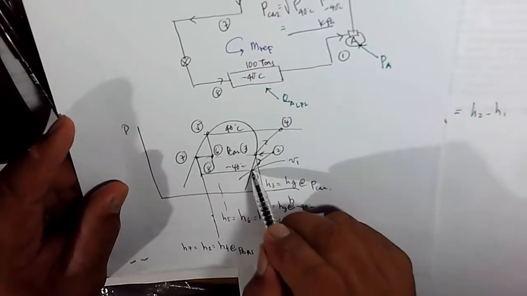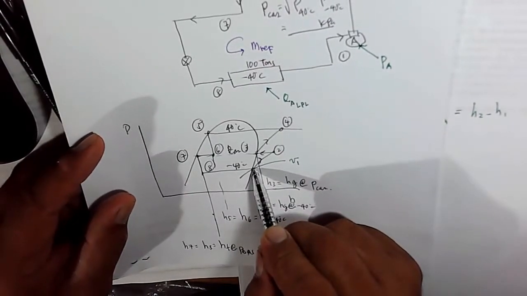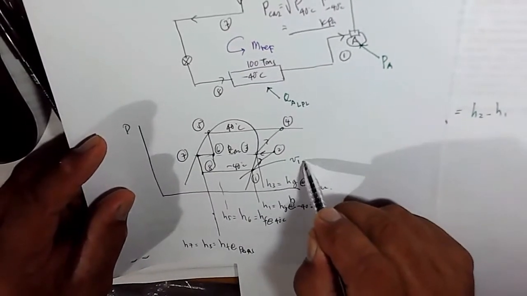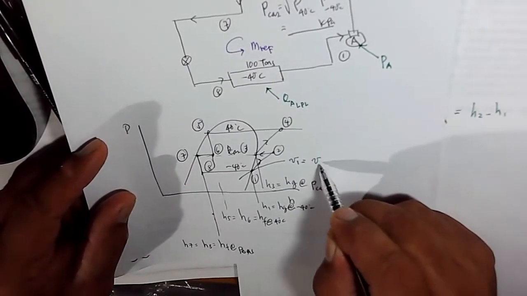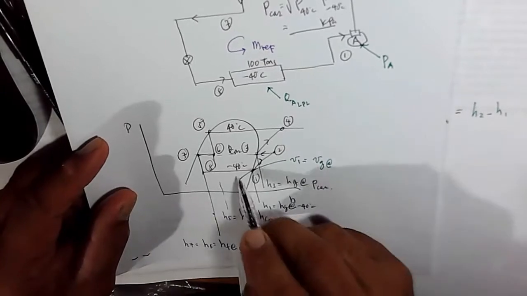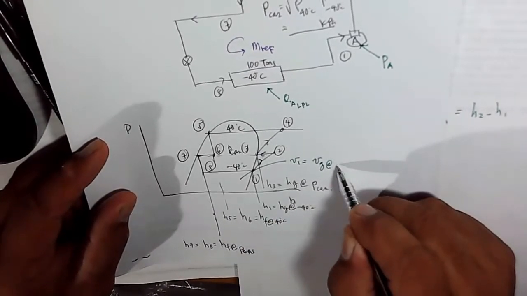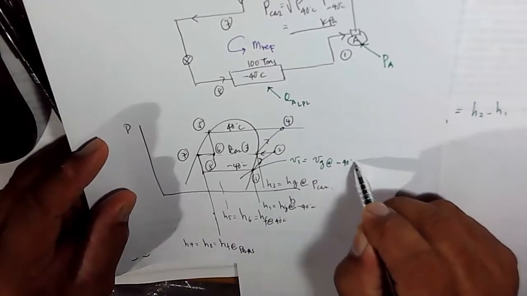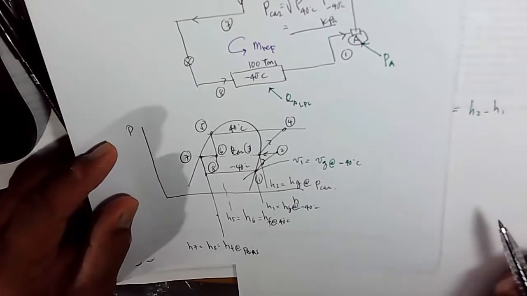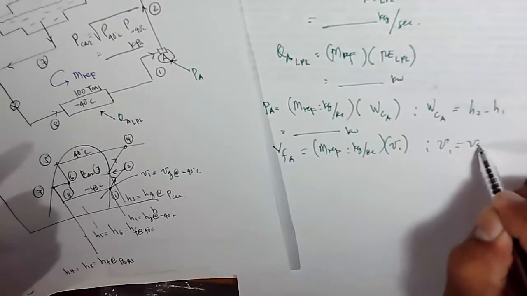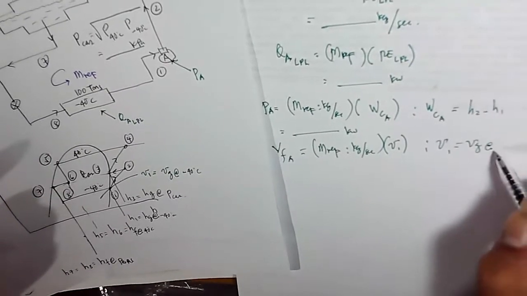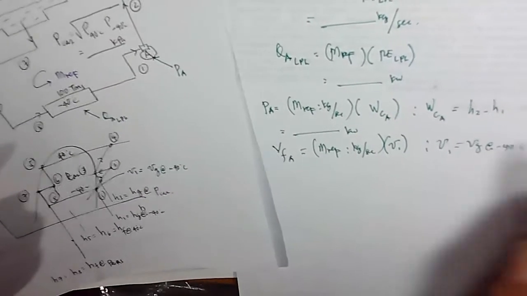But since it is lying along the saturated line, you can find this value in your table, wherein v1 is equal to vg at the corresponding negative 40 degrees Celsius. Okay, so v1 is equal to vg at negative 40 degrees Celsius.